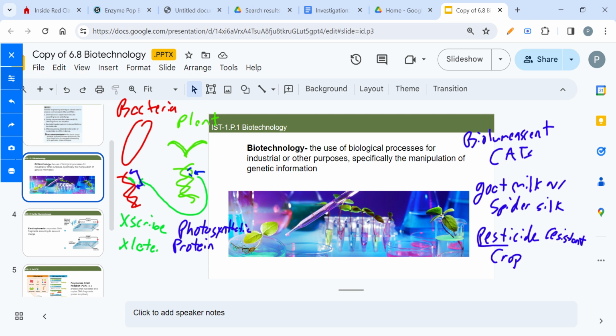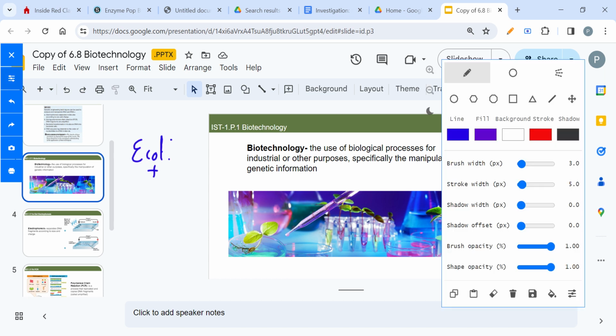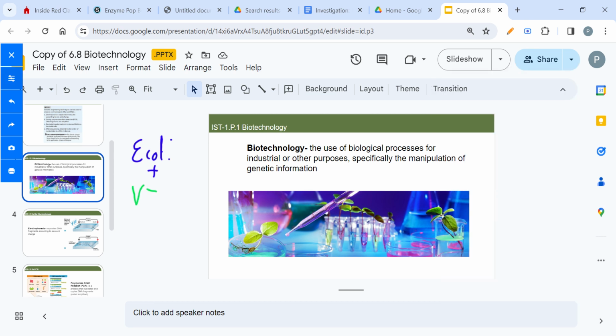before. So in the case here in our class, we gave you E. coli, and we are adding what is called the pGlow gene.